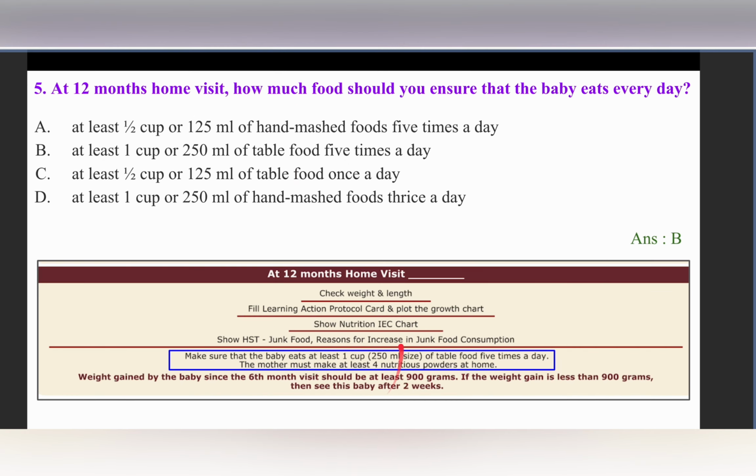Okay, and also, with the food, at least 4 nutritious powders should be prepared by the mother at home, right? So yes, the answer is at least 1 cup or 250 ml of table food 5 times a day for a 12-month-old child.